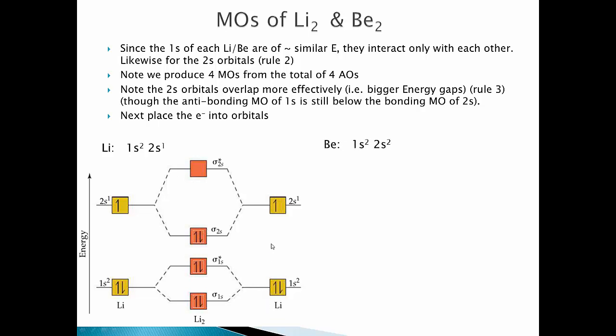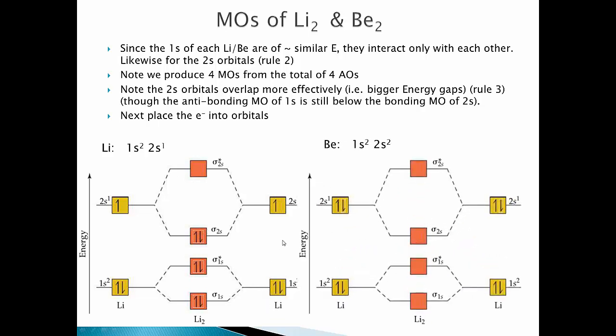So 2, 4, 6. Now let's look at beryllium. We've got 1s2, 2s2, so filling that up, we've got 2, 4, 6, 8.